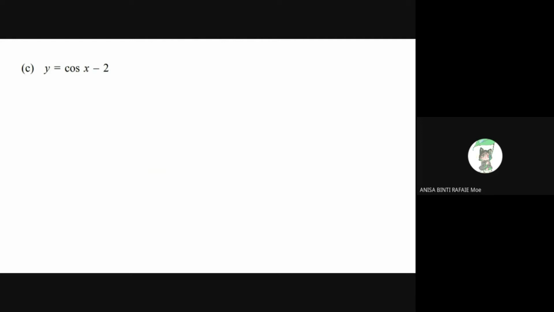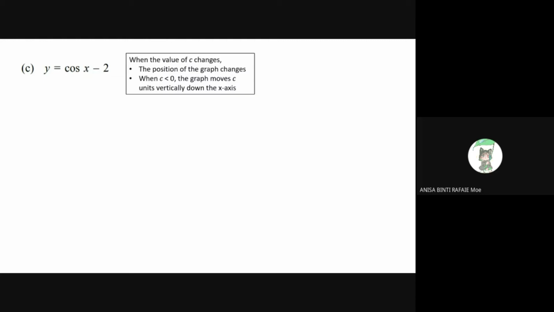Okay, the third question. y equals cos x minus 2. Here, the value of c changes instead. We know that when the value of c changes, the position of the graph changes. When c is less than 0, the graph moves c units vertically down the x-axis.